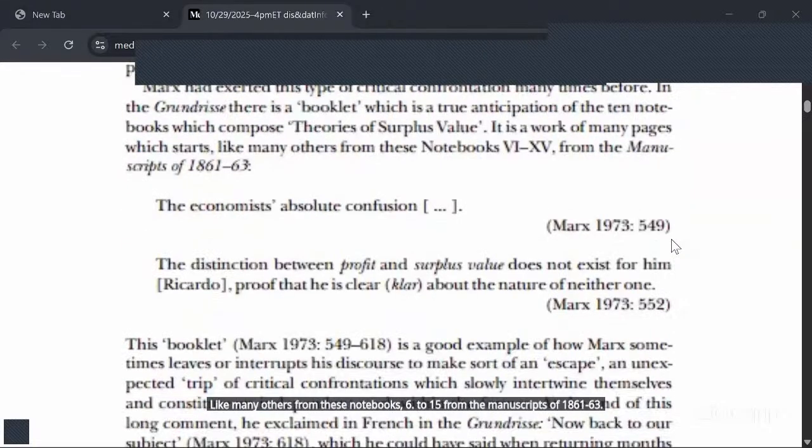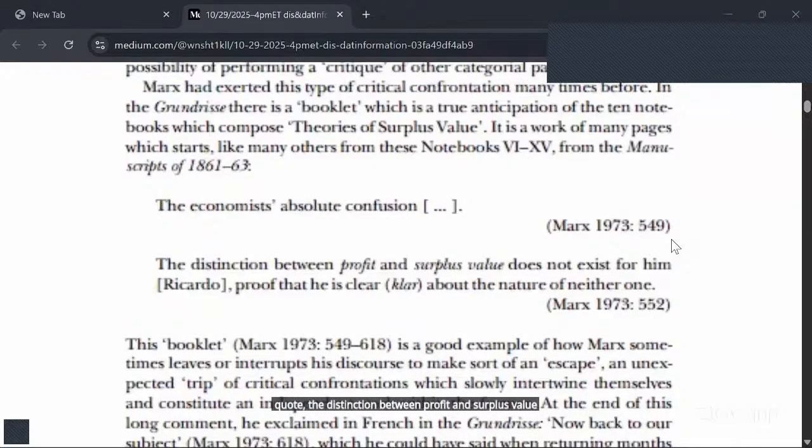Quote, the economists, plural, absolute confusion. Quote, the distinction between profit and surplus value does not exist for him, that is Ricardo, proof that he's clear about the nature of neither one. So he's being a little sarcastic, I would suppose. Close quote.